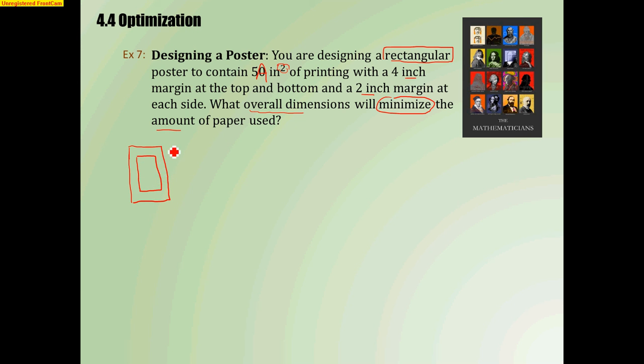So, 4 inches at the top. So this margin here is 4. And the side margins are 2. So I'm designing for 50 square inches of printing, which means that this part, that area, is 50.